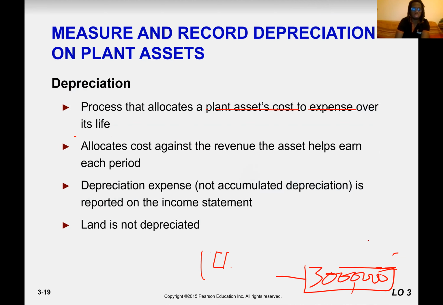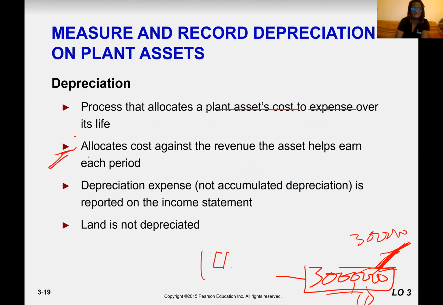That's why we call this a process that allocates plant asset cost to expense over its life. Its life is 10 years, so you divide by 10, and the answer is 300,000 every year. You transfer from capital expenditure to expense only 300,000 rather than 3 million at once.